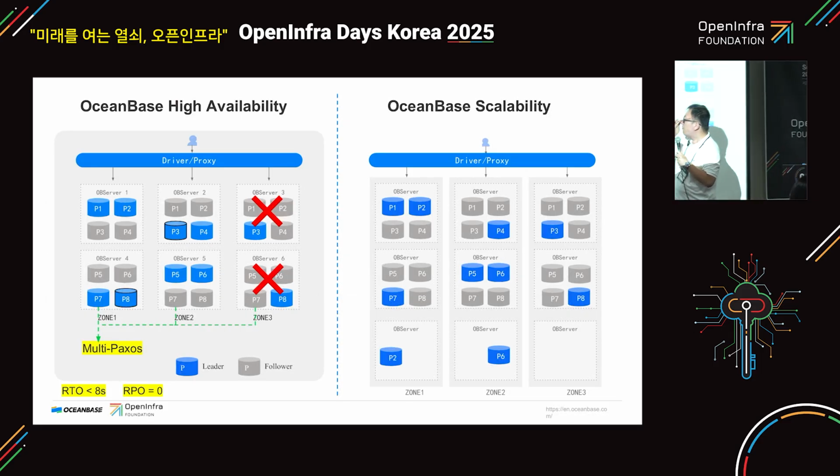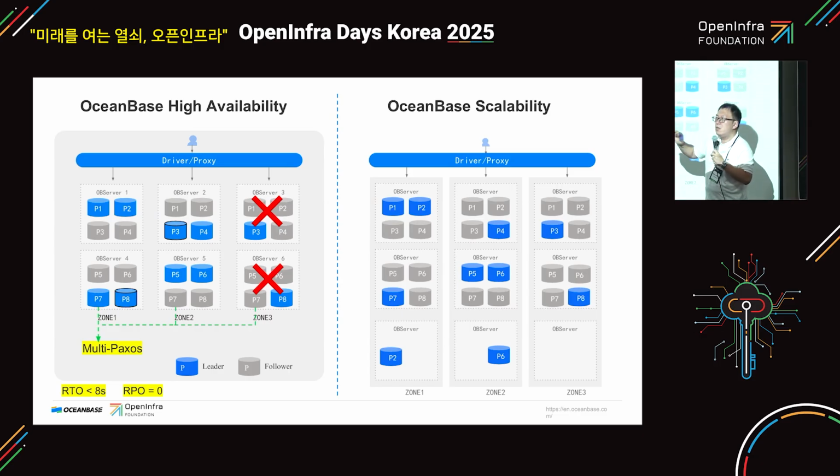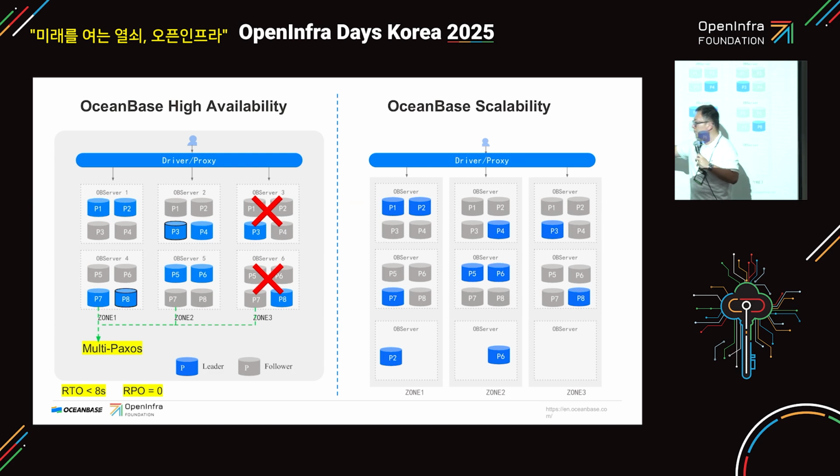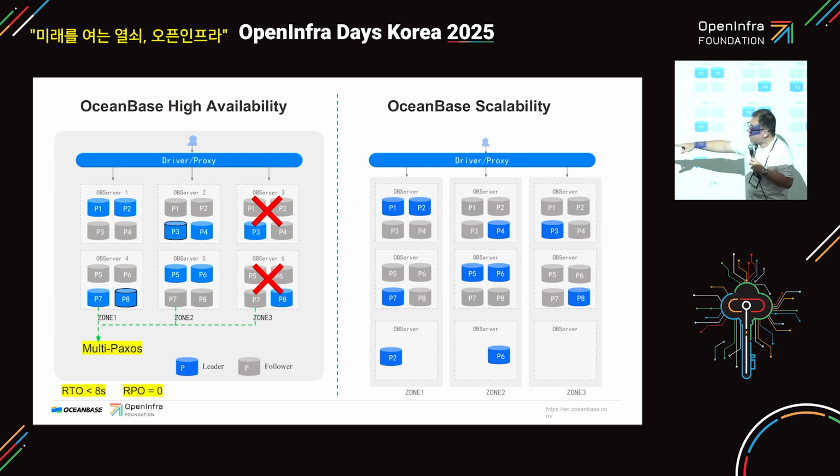This is the architecture of OceanBase. In OceanBase, the data is distributed across different availability zones. And we use the multi-Paxos algorithm to keep data consistency across different availability zones.